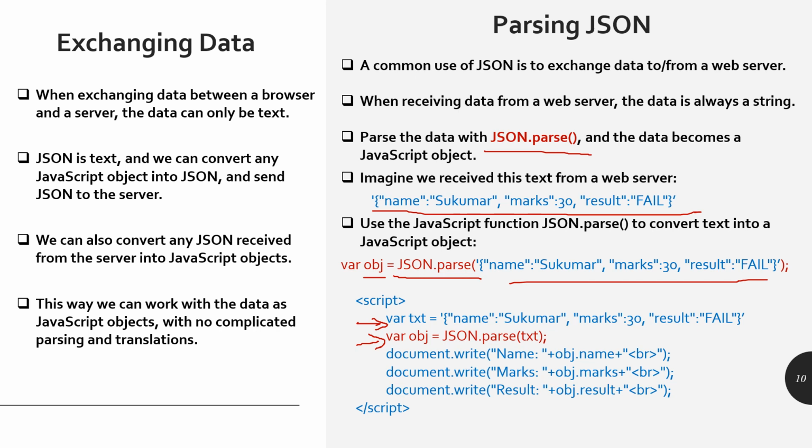Now anyway this is object. Now using dot or bracket notation, we can access one by one, that is name, marks, result and all we can access, and we can just display. This is about parsing JSON.